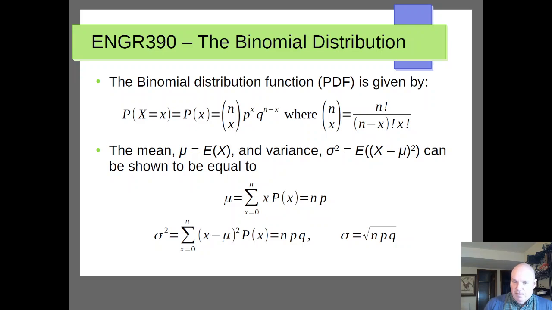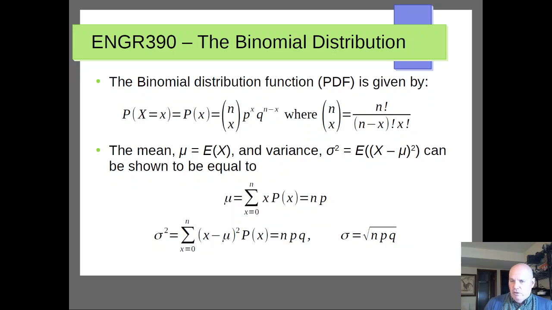The variance is equal to n times p times q. So again, in that 100 toss case, p and q would both be 0.5, so the product would be 0.25, and the variance then would be 25. The standard deviation is the square root of the variance, so the standard deviation in that case would be 5.